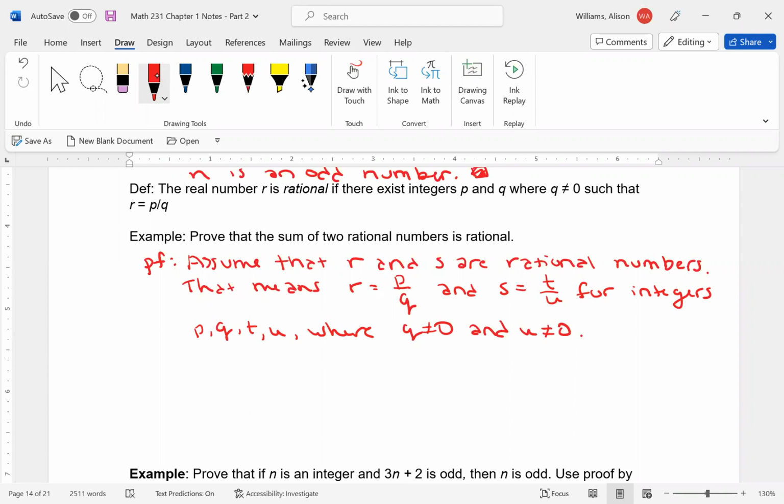Okay, so I used the definition of a rational number. I made them into fraction form. r is p over q, s is t over u, and I just made sure to state that all of those parts are integers and that the two denominators are not 0.